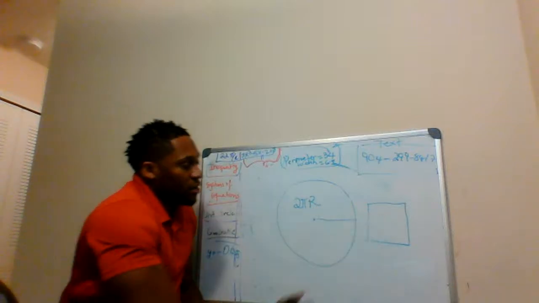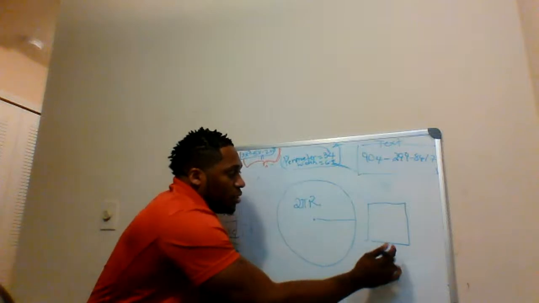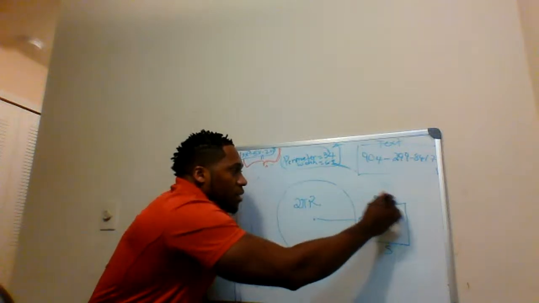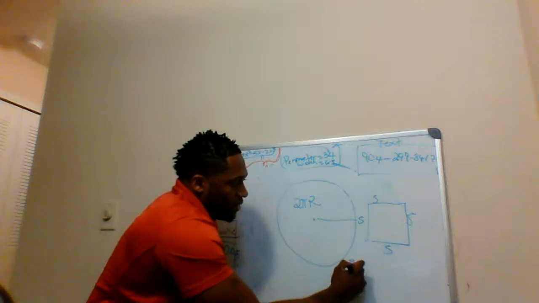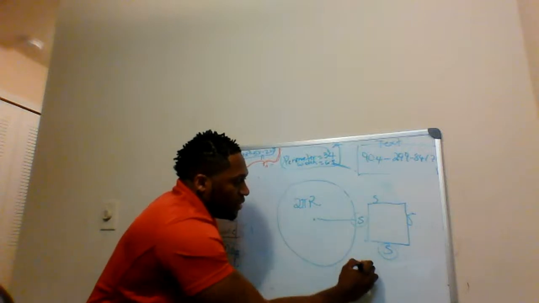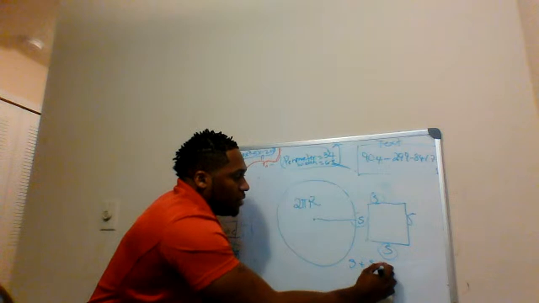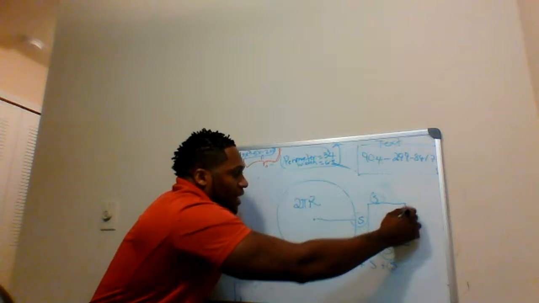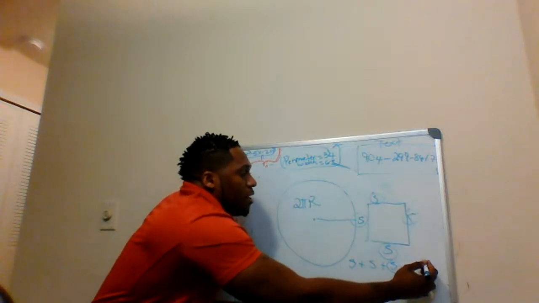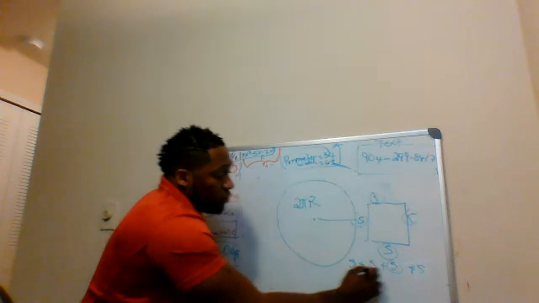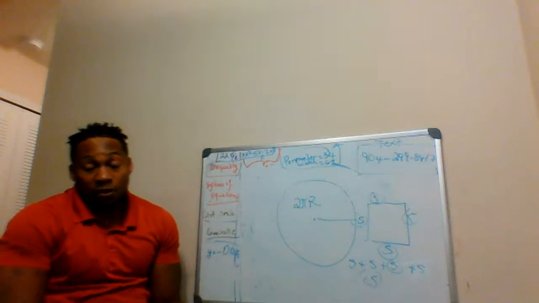Now if you have a square, all the sides are equal to each other, so it's this S plus this S plus this S plus this S. That gives you 4S.